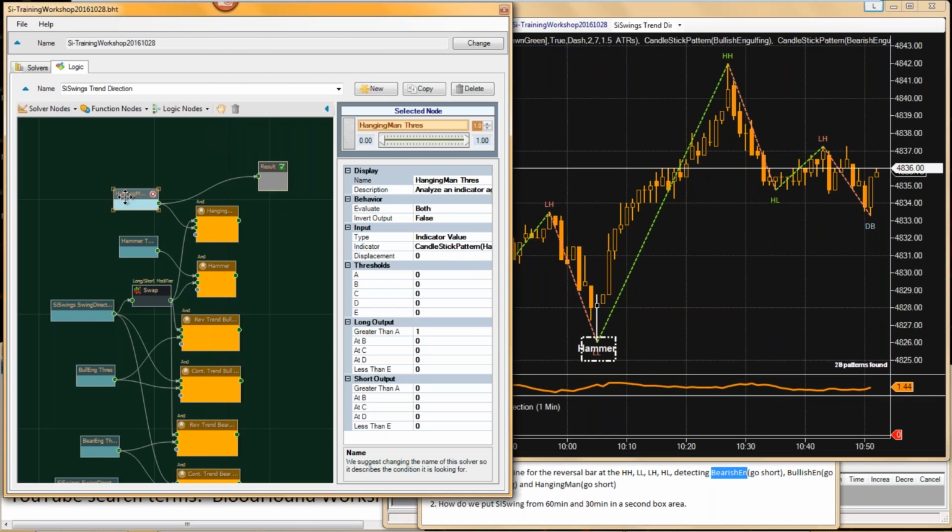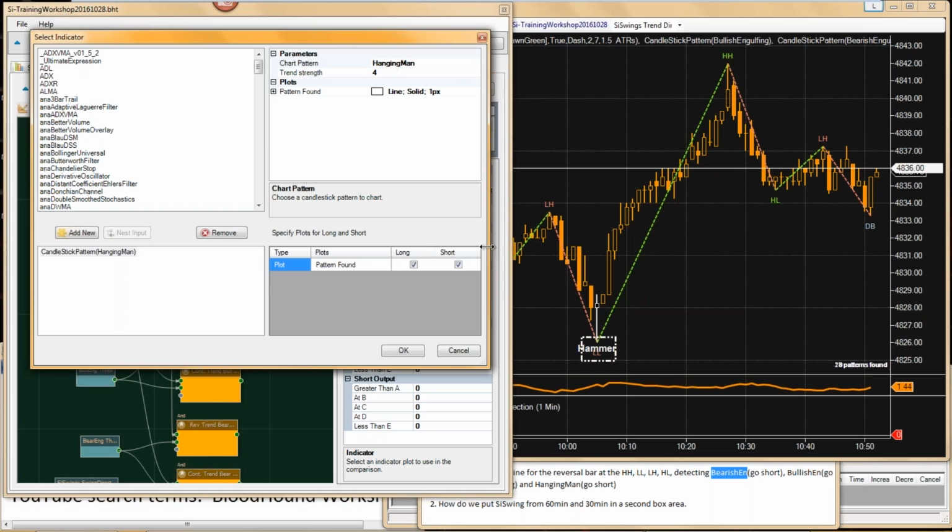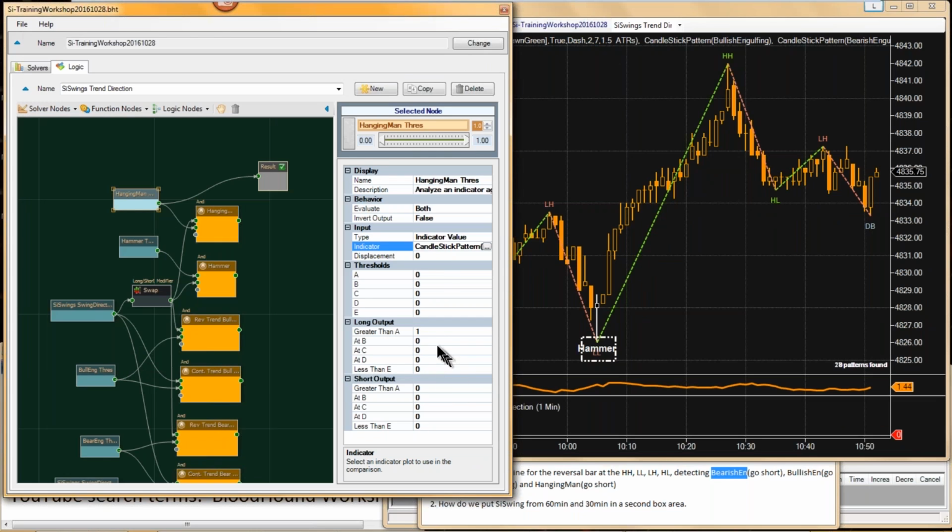There's really not much to using the candlestick pattern. It's pretty darn simple. So we got the hanging man selected. Yeah, here's one thing that I did overlook. Let's change our output there.